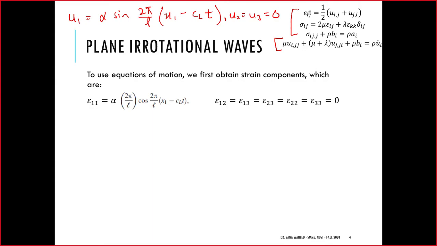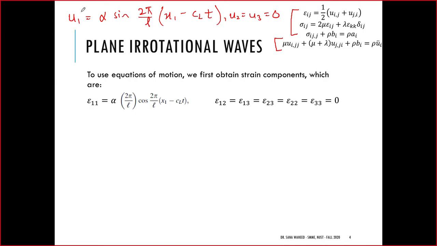So if I find my strain tensor, and if someone doesn't remember it, you can always write it out, expand it and see what is inside it. You will see basically that the only non-zero component is going to be the normal strain in the one direction.